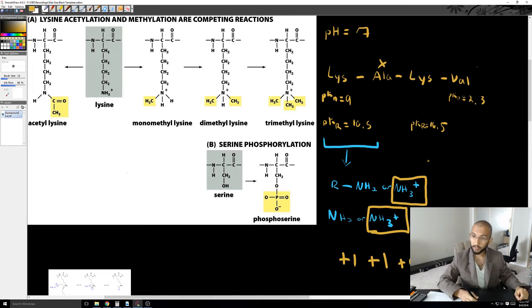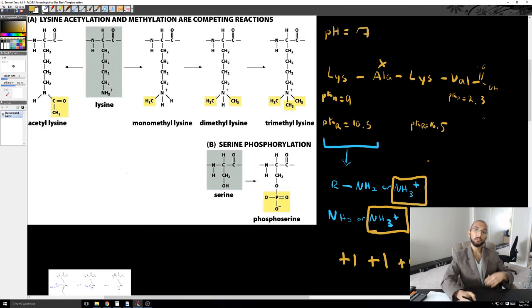Moving on to valine. Valine has a hydrocarbon tail. The R group does not contribute, and its amine terminus to the left is involved in a peptide bond, so it is not contributing, but it does have a free carboxyl group on the right side. If we continue to draw this out, over here would be the COOH, right on the end, or COO minus, and the pKa is 2.3.